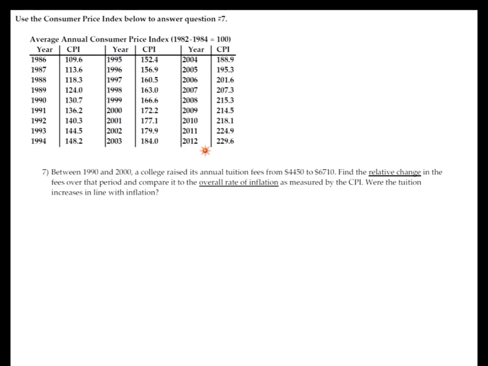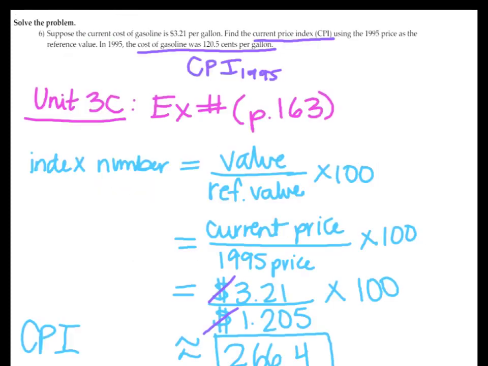And again, just to reinstate, the Consumer Price Index is not going to have any units because, as we saw in problem 6, the dollar signs of the numerator and denominator will cancel out, and so you're left with a numeral with no units.